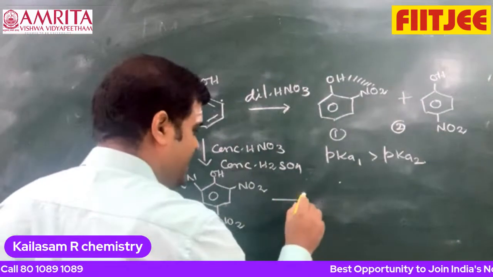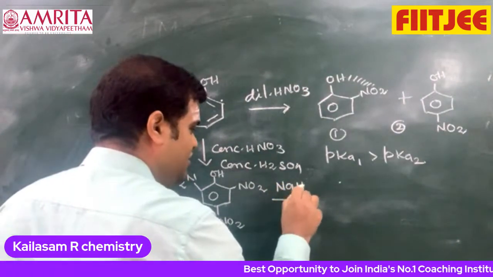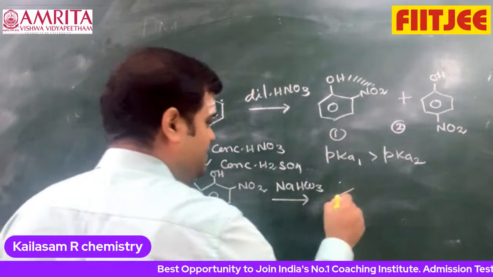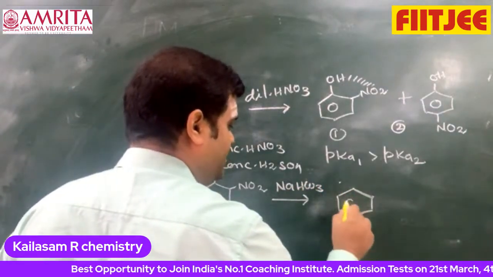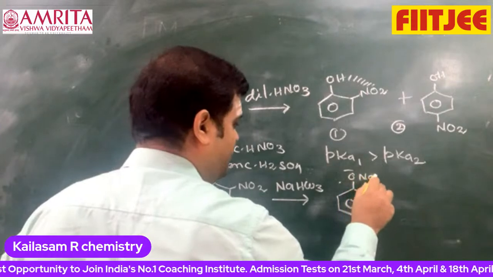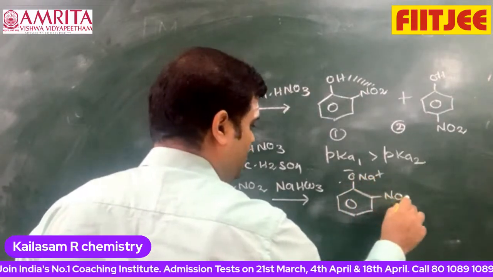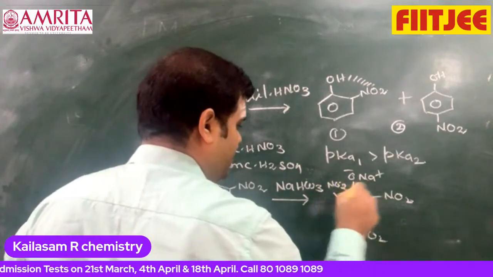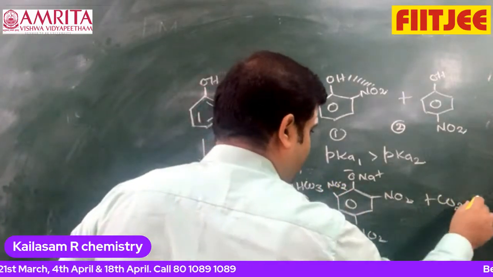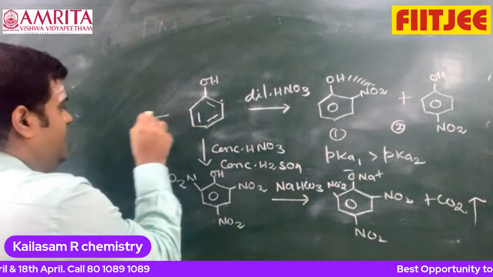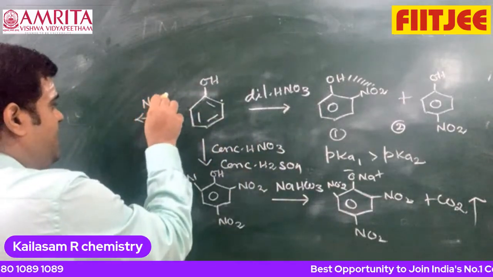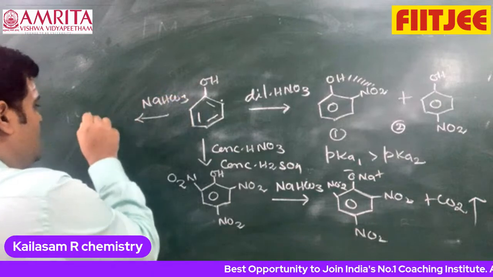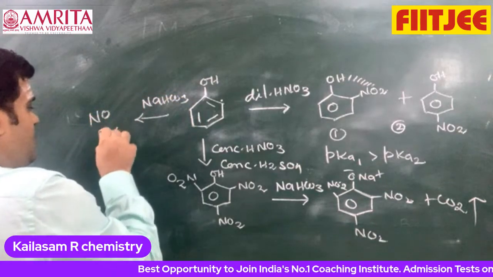And I'm going to add here NaHCO3. What happens? CO2 liberates, giving O minus Na plus, with NO2, NO2, NO2. CO2 comes out. But here with phenol and NaHCO3, no reaction.